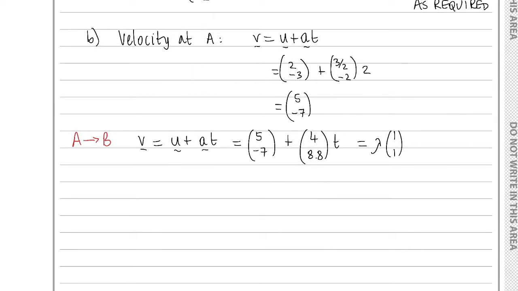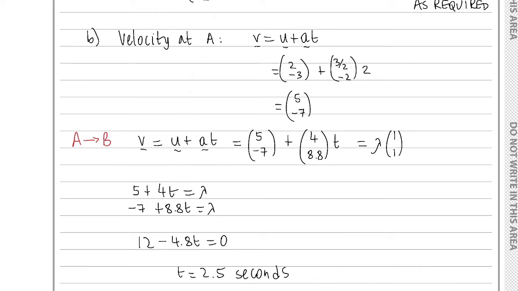So 5 plus 4t is lambda, and minus 7 plus 8.8t is lambda. If we deduct, we get 12 minus 4.8t is 0, leading to t being 2.5 seconds.